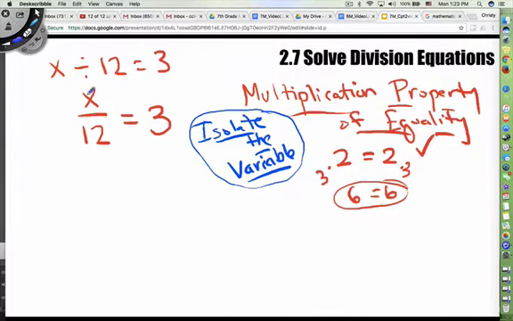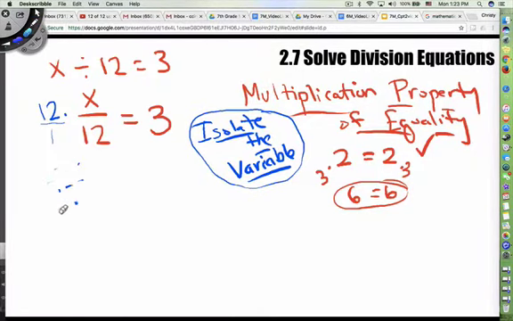So if it's x divided by 12, we need to get rid of that 12. Because this is division, if I multiply by 12, it really looks like I'm multiplying 12 over 1. What that does is it gives us 12x over 12, which is the same as dividing by 12. So that's why that works out. But you don't have to write all of that.